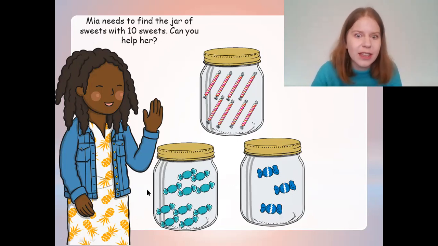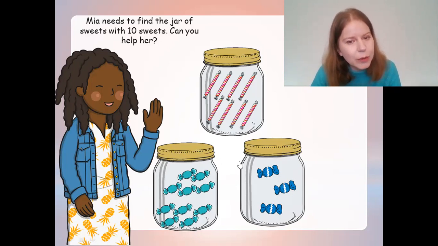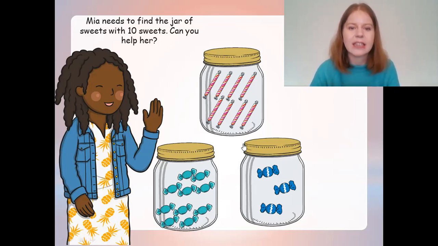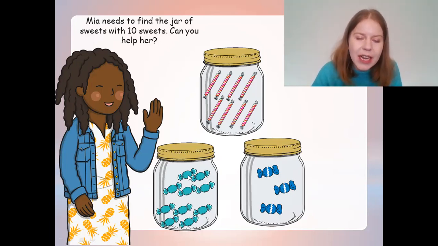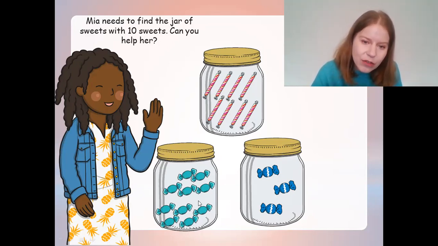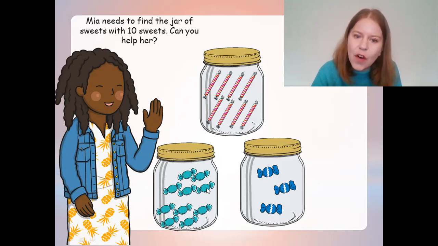Now let's move on to this jar of sweets. Oh, this looks like there's many, many more sweets. So let's see how many are in this group here on top. 1, 2, 3, 4, 5.